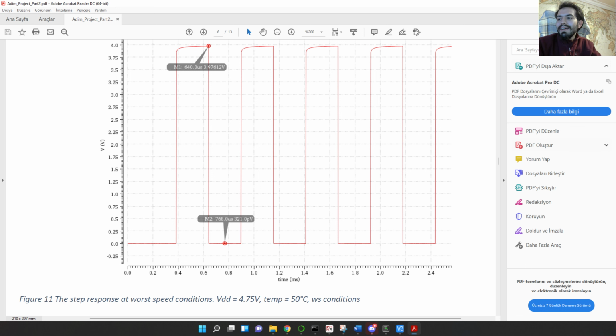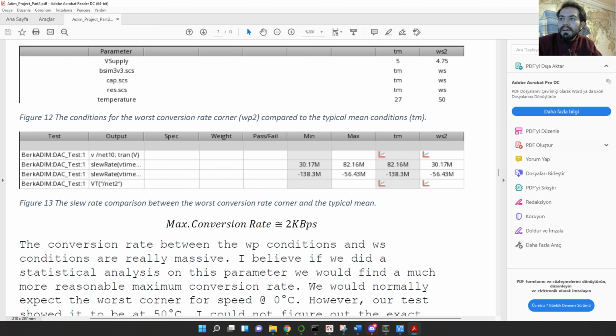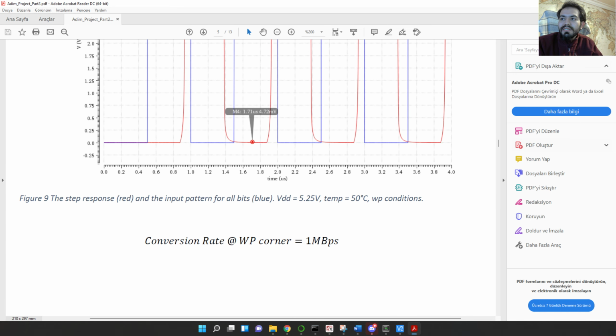Anyway, here are the worst speed conditions, and at the worst speed conditions our maximum conversion rate comes near 2 kilobytes per second. I must remind you that in the worst power case, it is closer to 1 megabyte per second.